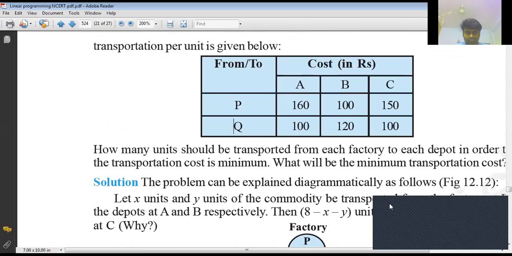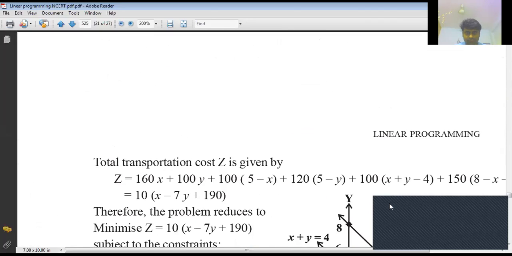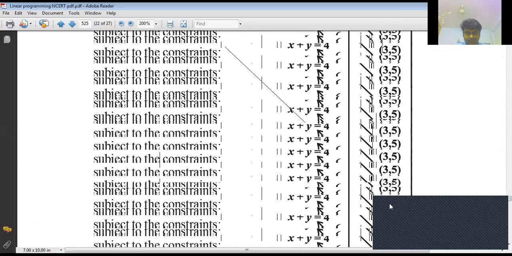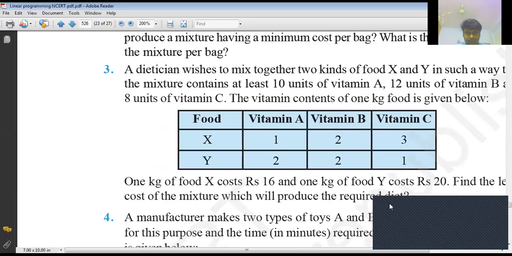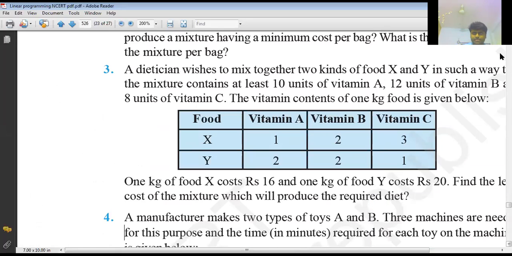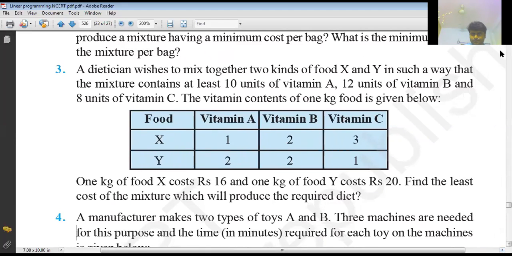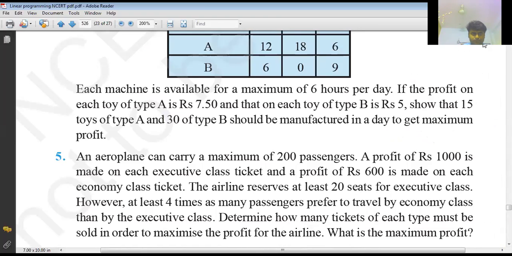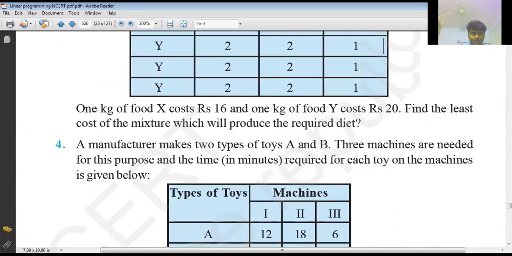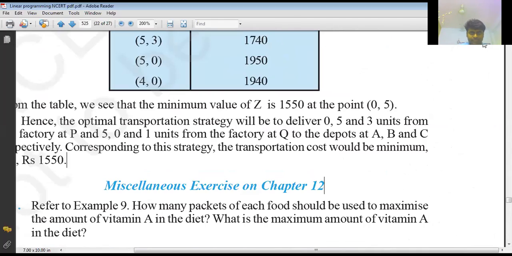So this is a transportation problem that you also have to practice. Now, this is the miscellaneous exercise. Here the aeroplane problem is very important.